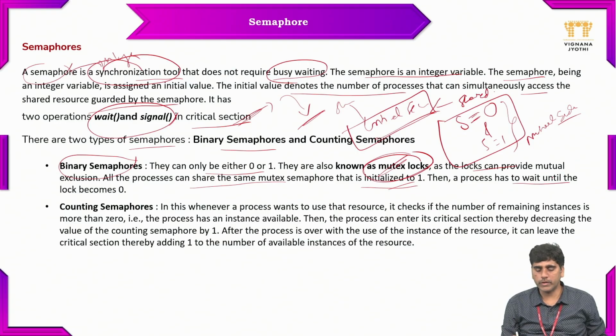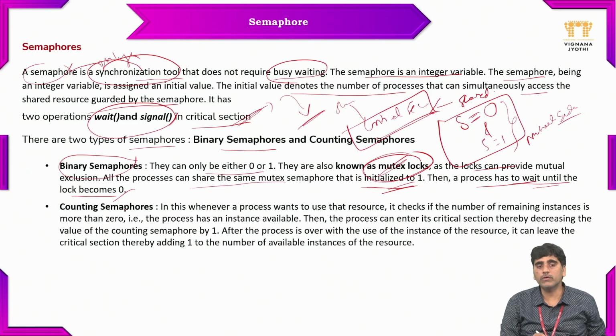A process has to wait until the lock becomes 0, so the process stays in the ready position. After finishing in the critical section, the process moves to the exit section, and other processes have to wait.